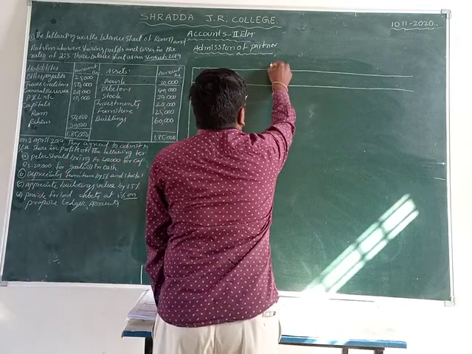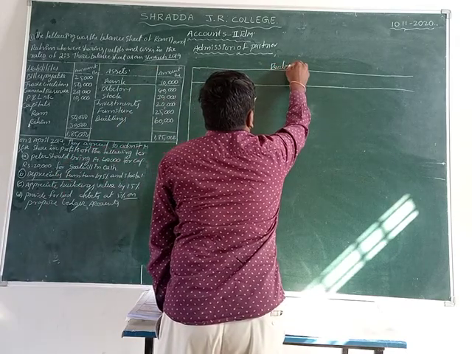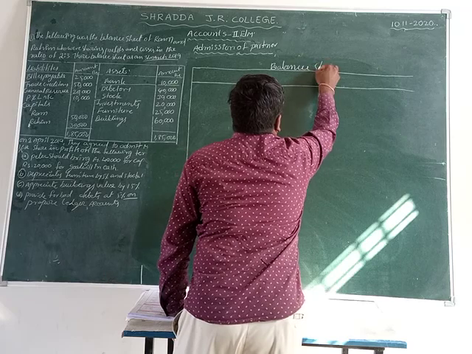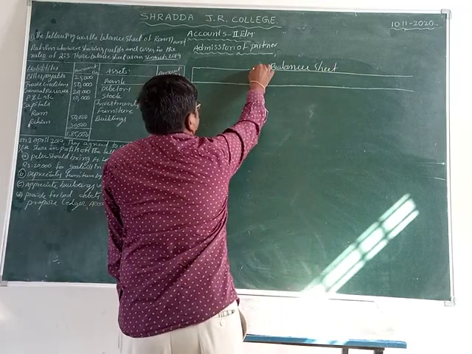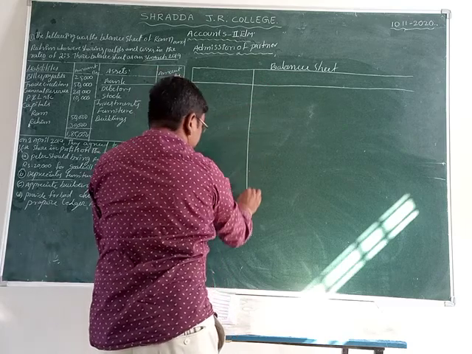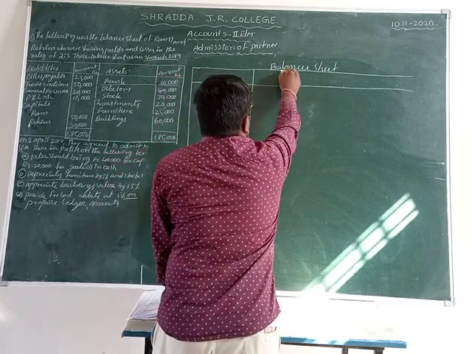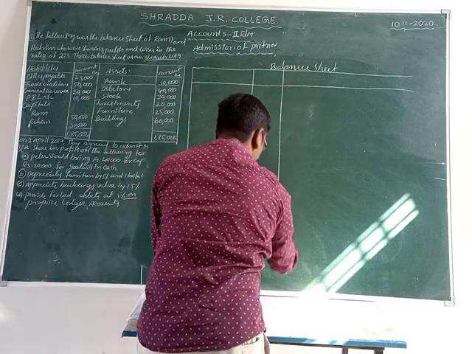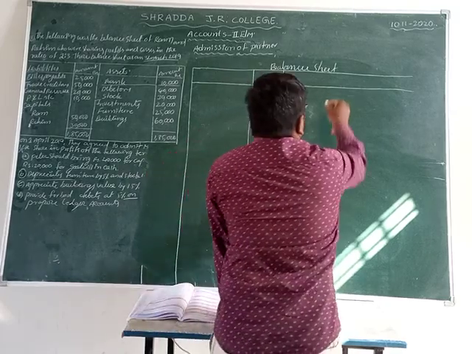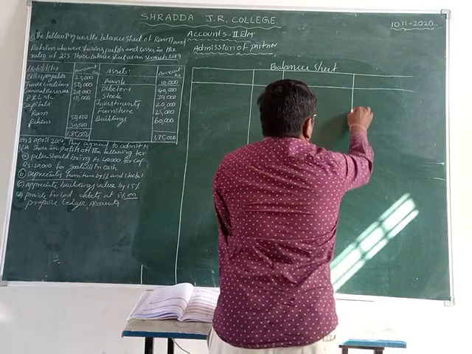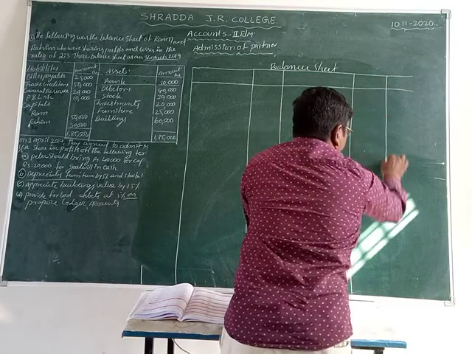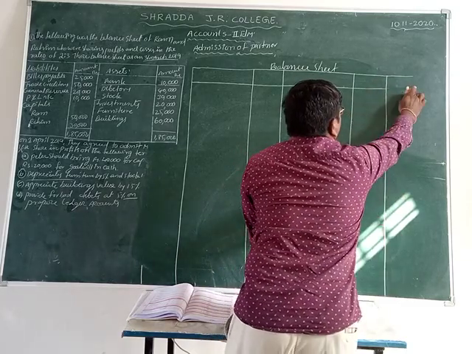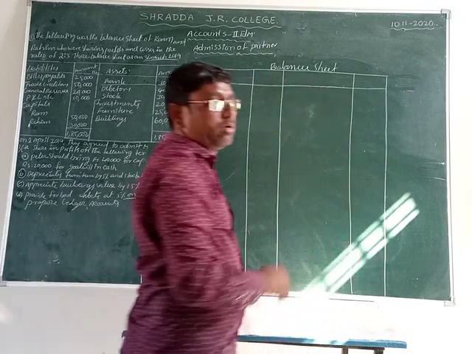This is a balance sheet account. Okay, students. Now the left side is liabilities and amount in rupees. The right side is assets and amount in rupees. This is the balance sheet proforma.